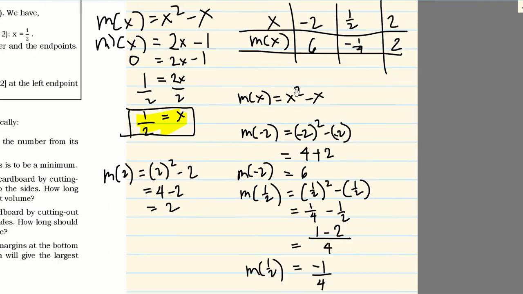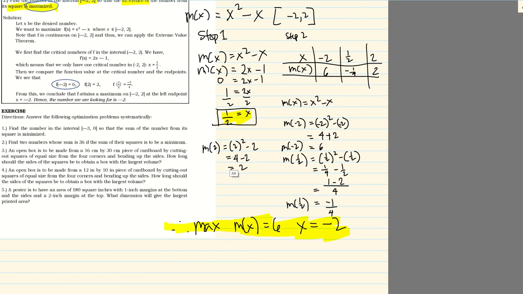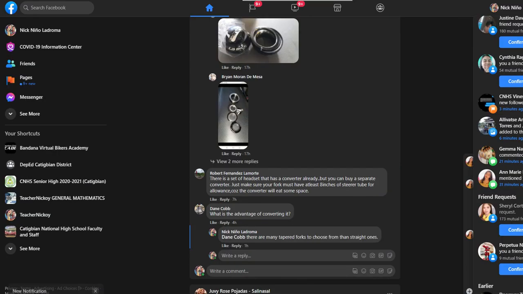So the biggest number is the maximum when m of x is equals to 6 and when x is equals to -2. Okay, that supposedly is the answer. So no need to get this one, right? But still we need to find this because maybe. Okay, let's look at the graph of it.